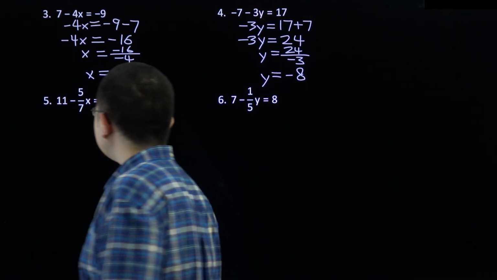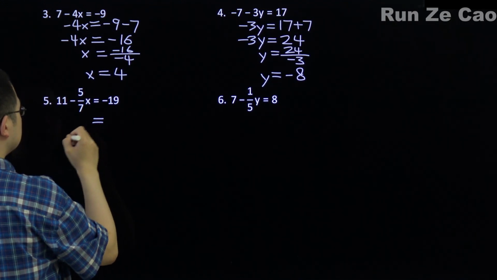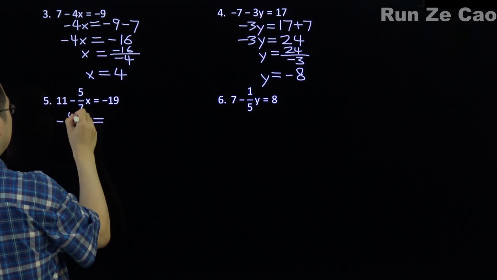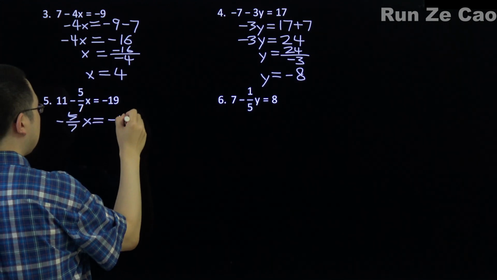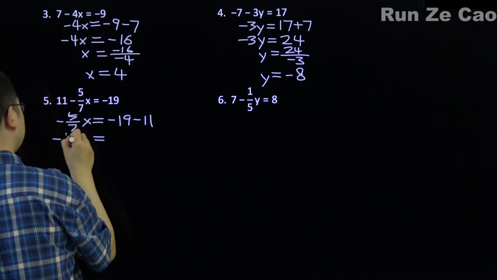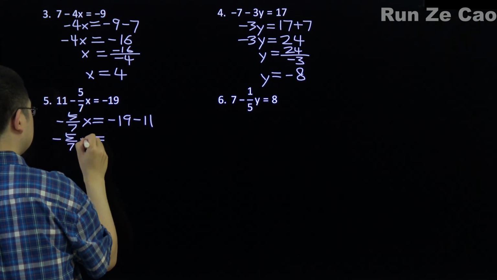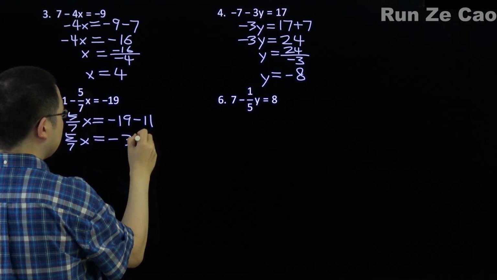Now, 11 minus 5 over 7x is equal to negative 19. Negative 5 over 7x is equal to negative 19 minus 11. So negative 5 over 7x is equal to negative 30.